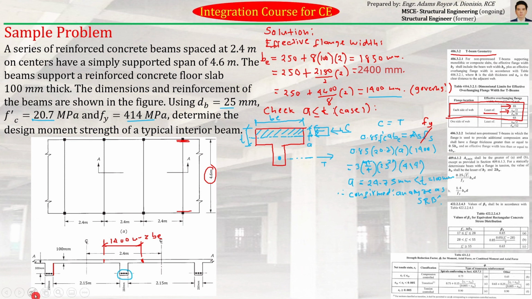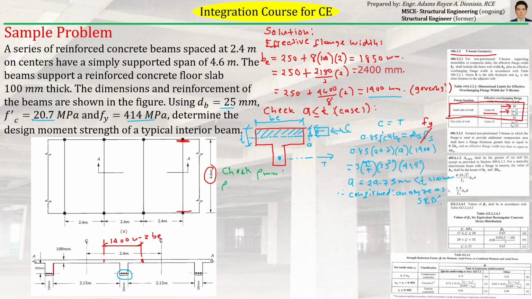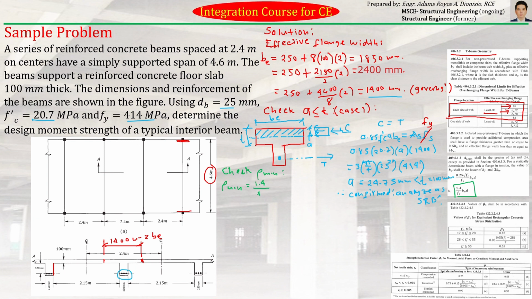Check muna natin kung pasok siya doon sa minimum rho min allowed by the code. So, we can just check, mabilisan lang, rho min. Since ang FC prime natin 20.7, most probably ito mag-govern dyan: 1.4 over Fy, 1.4 over Fy na 414.